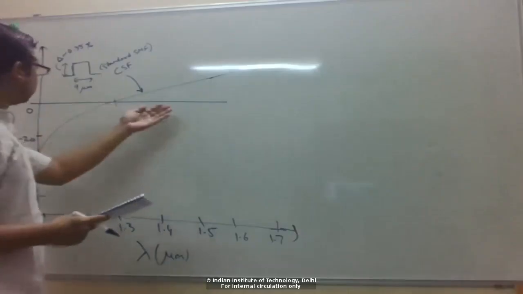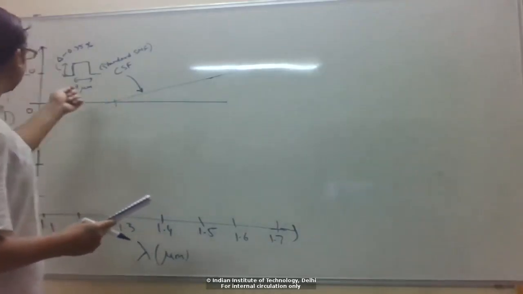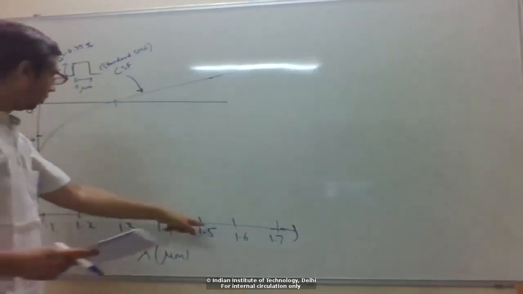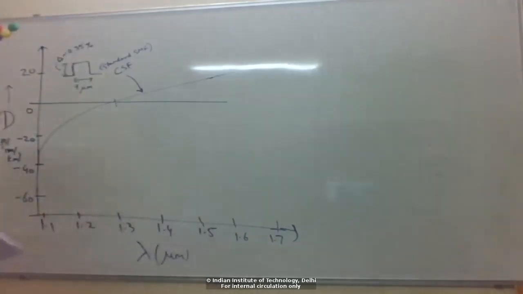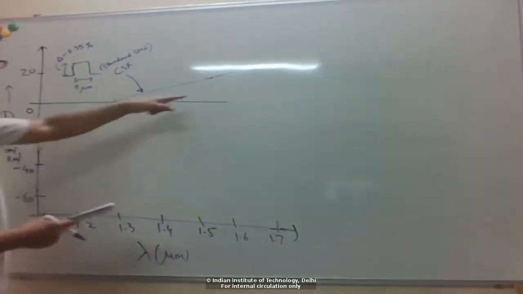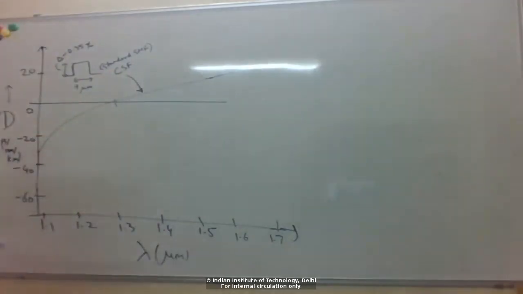Right, and then at the end of last class, we also discussed, for example, you want to work at 1.55 micron, which is the lowest loss wavelength for silica fibers, but the dispersion for the conventional fiber is high compared to, let's say, 1.3 micron. So we can use a different core size and index contrast, again to modify the waveguide dispersion and hence the total dispersion.